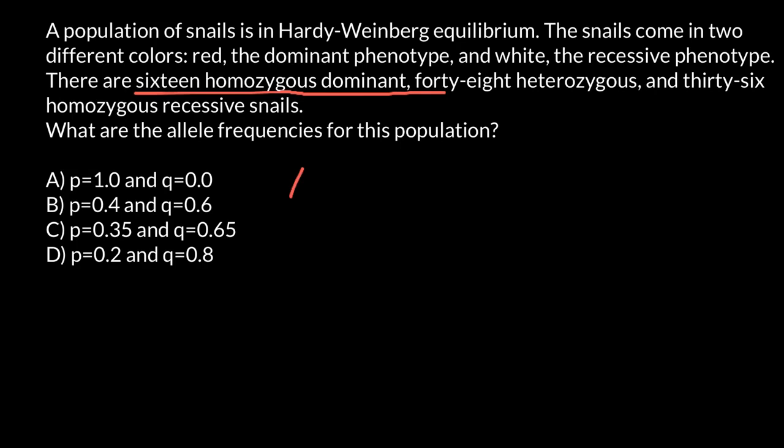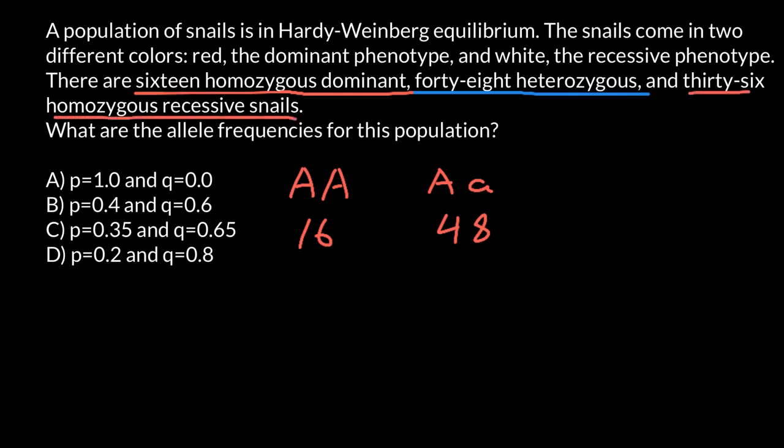Let's say the dominant allele would be A. So this genotype we see in 16 snails, and 48 heterozygous genotype, and 36 homozygous recessive.